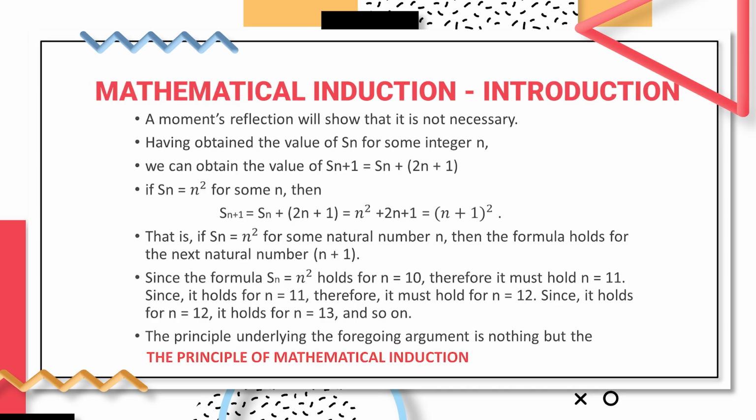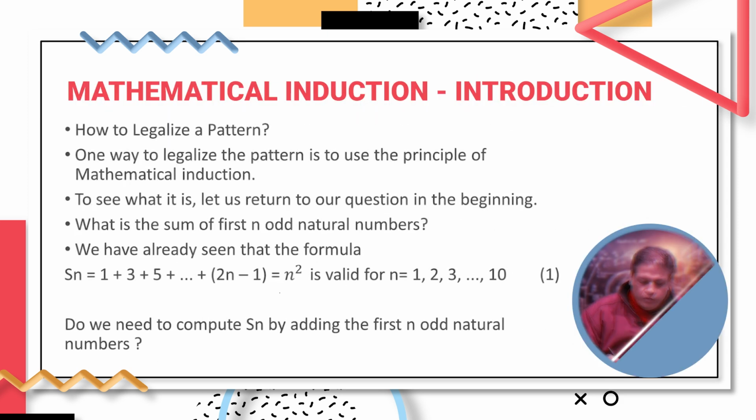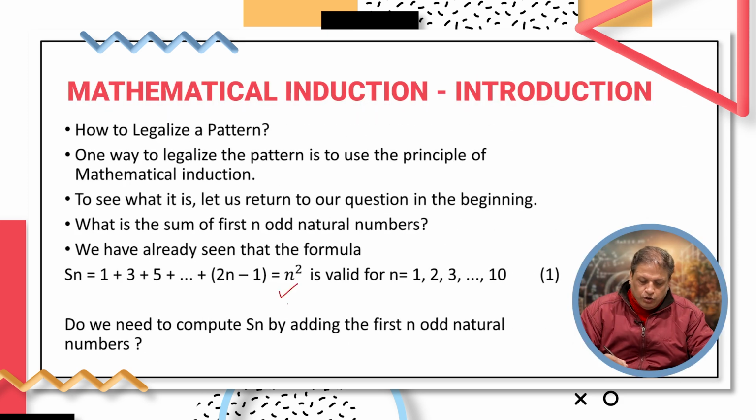If we take the next odd number after 2n minus 1, it will be 2n plus 1. So, the sum of n plus 1 odd numbers will be equal to the sum of n odd numbers plus 2n plus 1. We observe that Sn, equal to 1 plus 3 plus 5 up to 2n minus 1, is equal to n square.